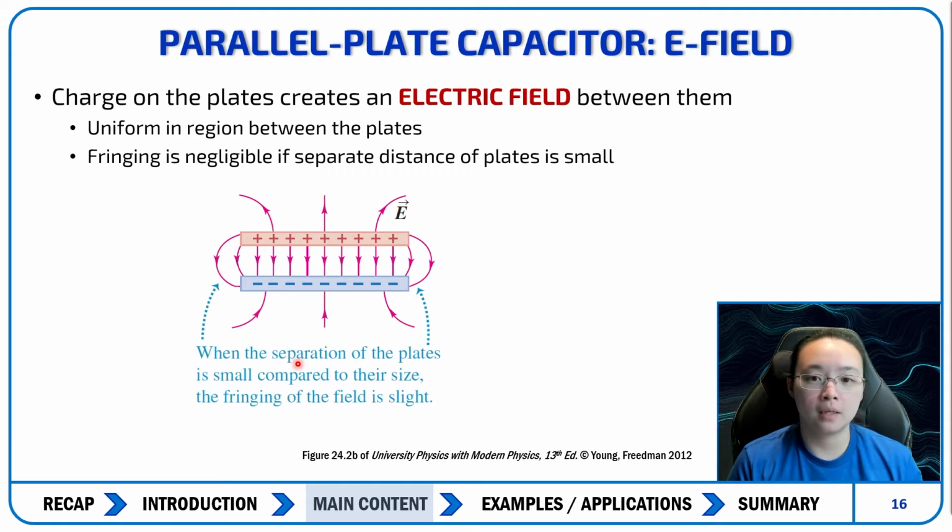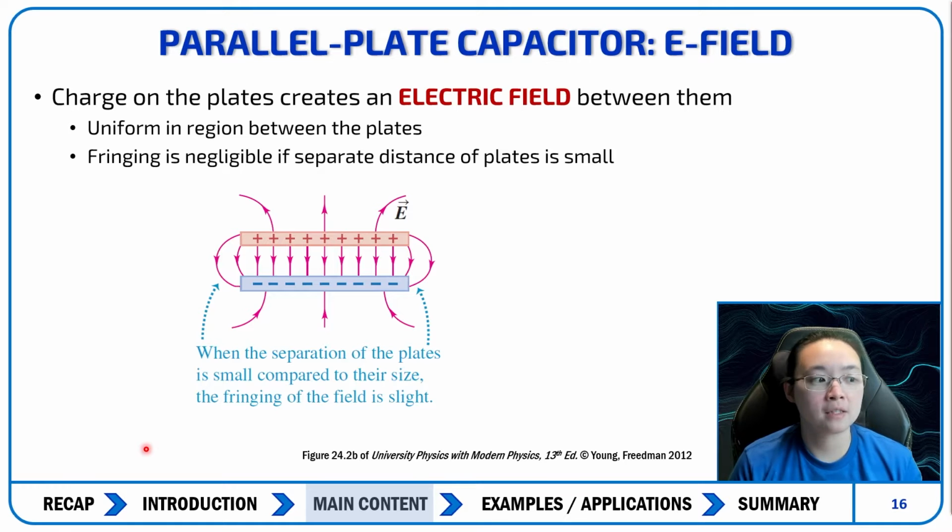Now, when we're talking about fringing, if we move the parallel plates closer and closer together, or essentially if we reduce the separation distance, then the effect of fringing will not be as significant as if you had those plates farther apart, because the value of fringing will be smaller. So it says over here, when the separation of the plates is small compared to their size, the fringing of the field is slight.